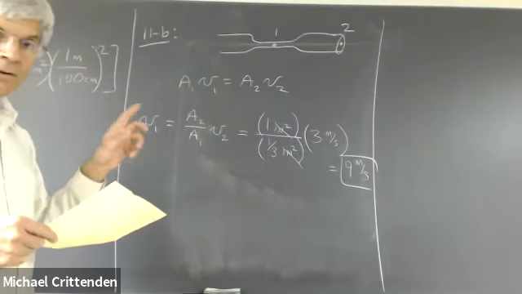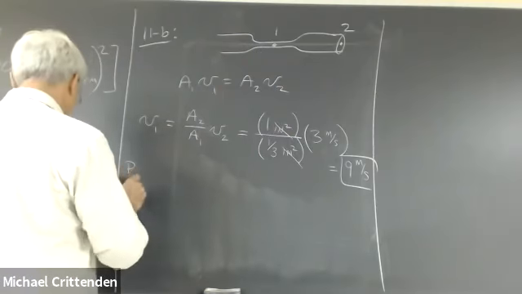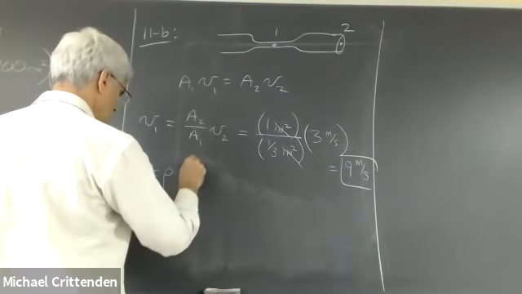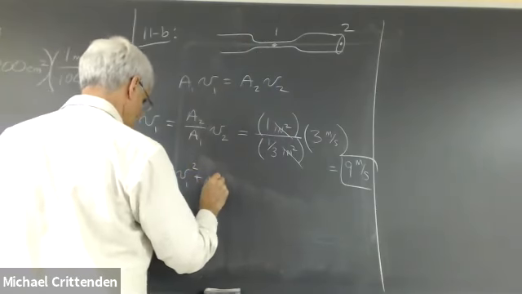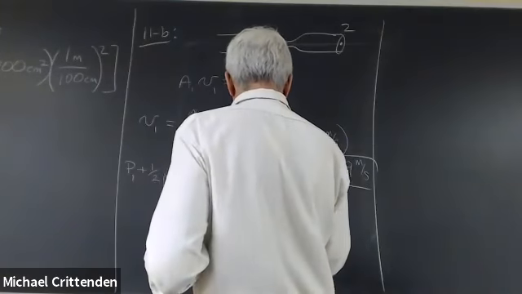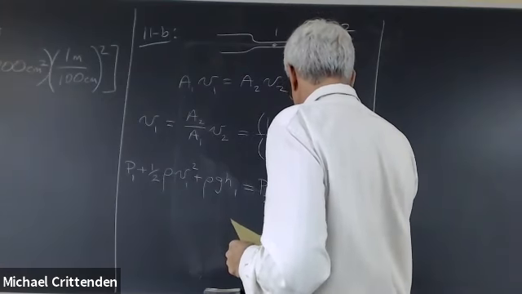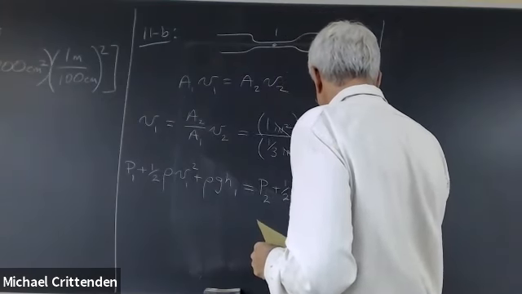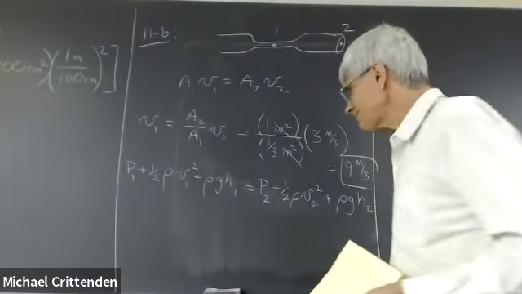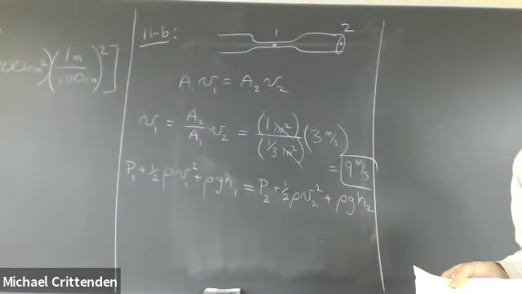Now that we know that, we can go to Bernoulli's equation. P plus 1/2 rho v squared plus rho gh is a constant.